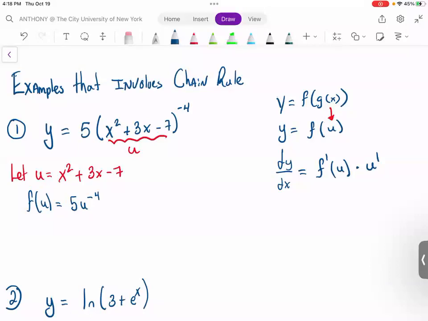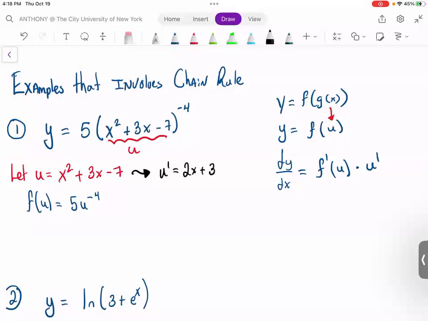All right, now we can go ahead and take our derivatives. If u is equal to x squared plus 3x minus 7, then u prime should be 2x plus 3, right? Derivative of x squared is 2x. Derivative of 3x is now plus 3, and the derivative of negative 7 is 0. That goes away.